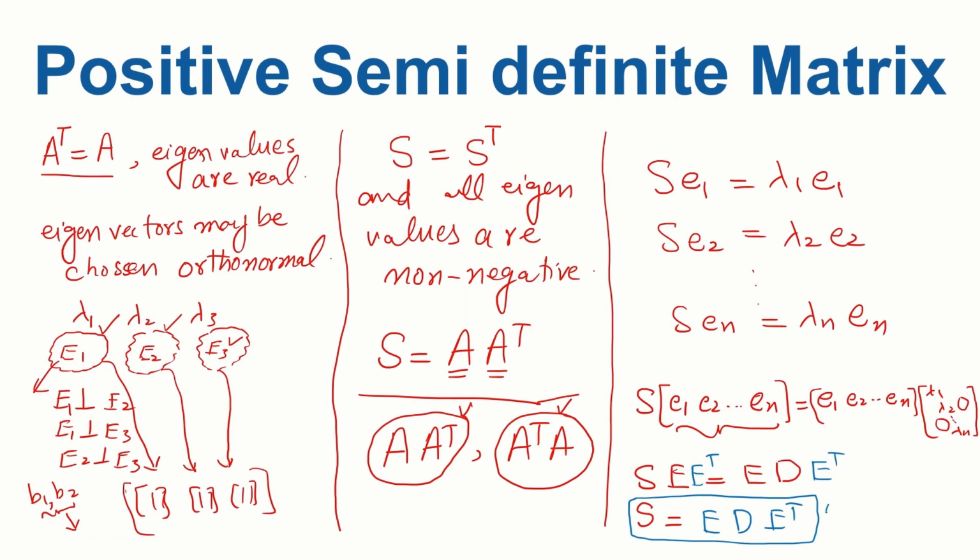And we will be using this particular property in the most fundamental concept of linear algebra called singular value decomposition that we are going to encounter in our next video. So hope to see you in the next video.